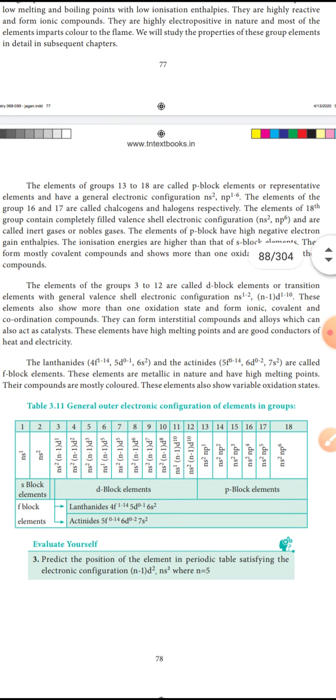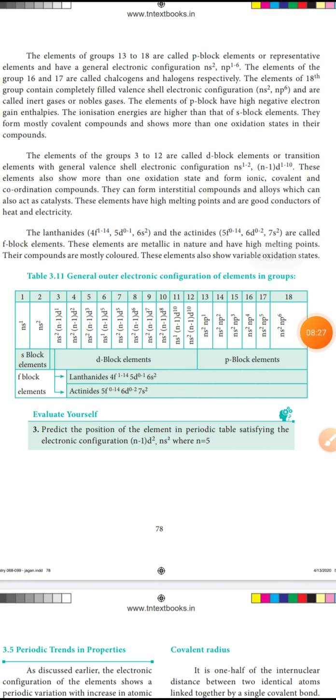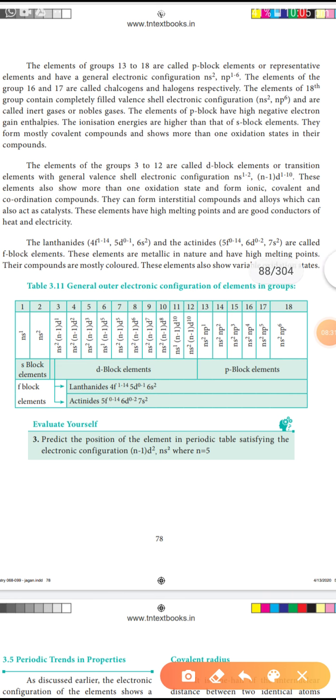Now see the tabular column here. Groups 1 and 2 are called s block elements. The first group has general electronic configuration ns1, and the second group has ns2. Then in the middle are the d block elements, groups 3 to 12.